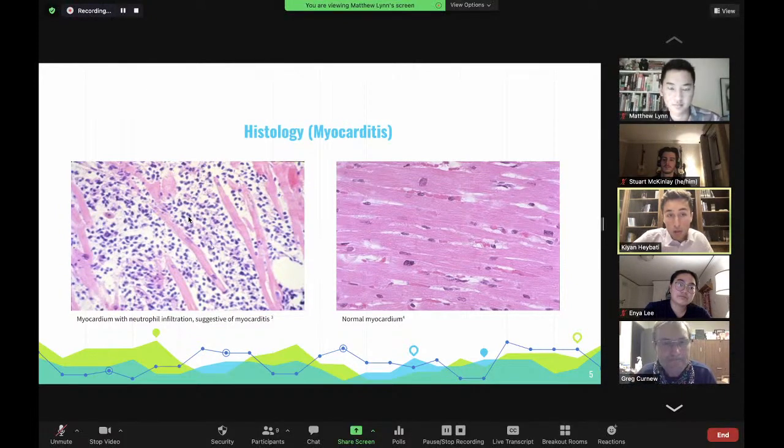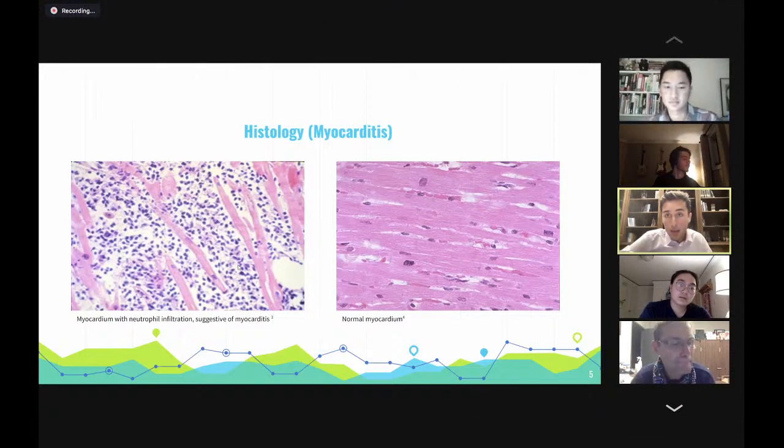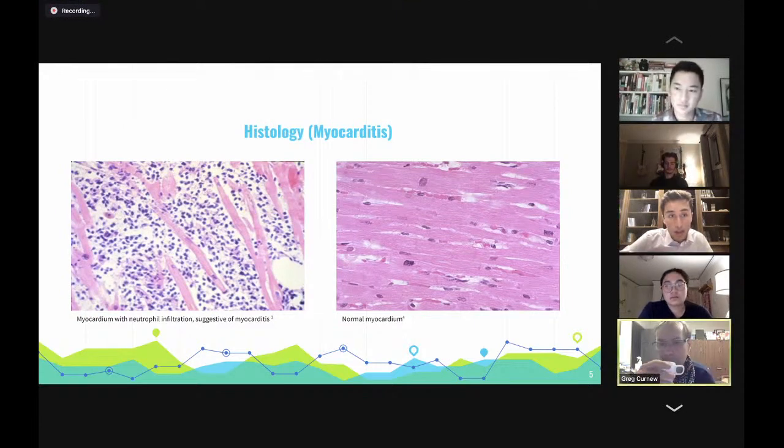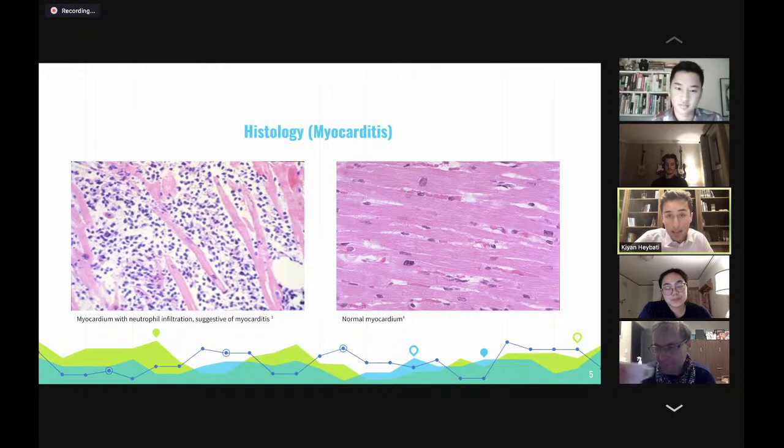Those are neutrophils, a type of inflammatory and immune cell that comes in when there is inflammation. So instead of these nice purple and pink fibers, you have these highly cellular things in the middle of the fibers. Again, those are immune cells coming to the site of inflammation.